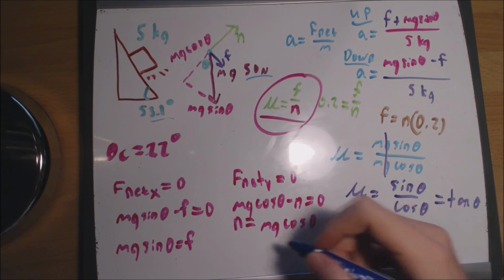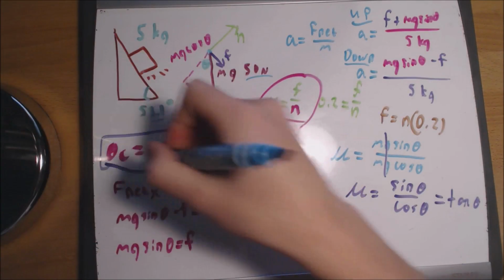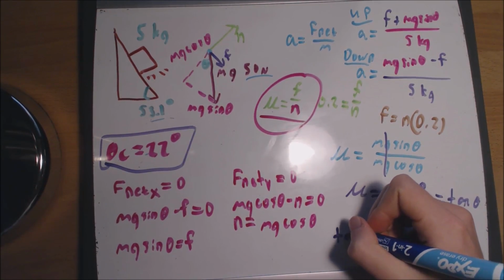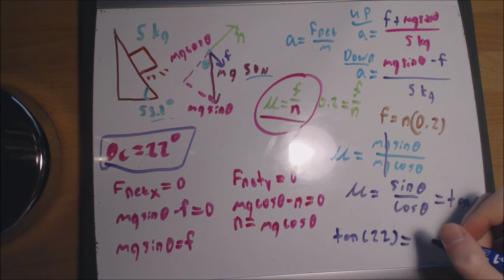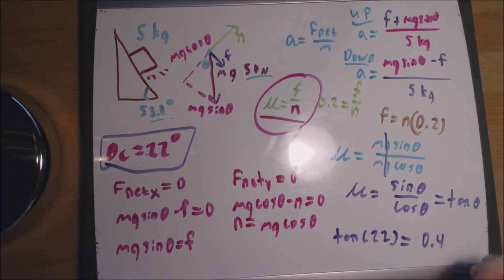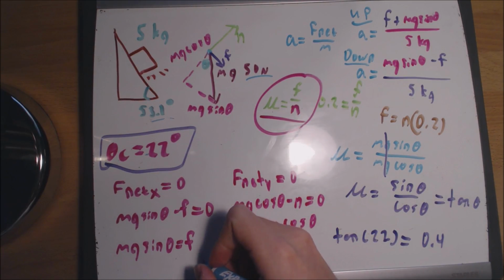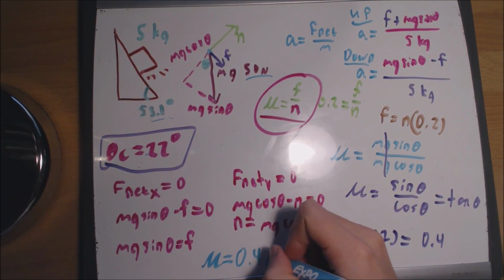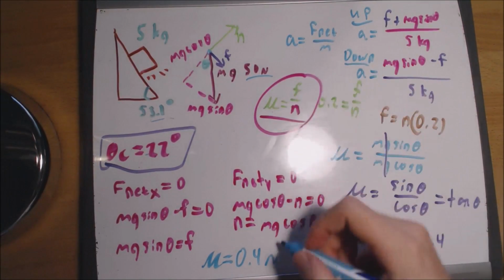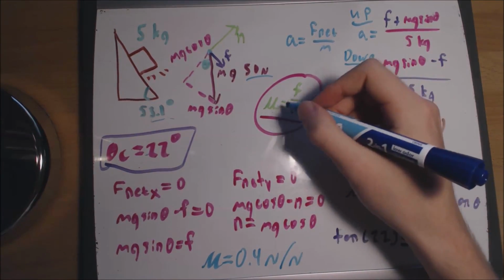So we can use our angle for theta and just plug in tan of 22, and we get 0.4, which means mu will be equal to 0.4 newtons of frictional force per newton of normal force.